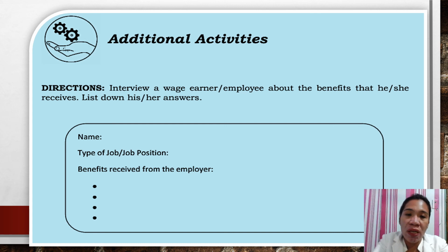By the way, you need to make use of your gadgets for communicating with other people, because you are not allowed to interview face-to-face due to the lockdown in some of the barangays. So you are going to make use of the different gadgets or technology you may use. List down his or her answers in a yellow pad, then submit it during the retrieval of your modules next week. So that will be all for the additional activities.